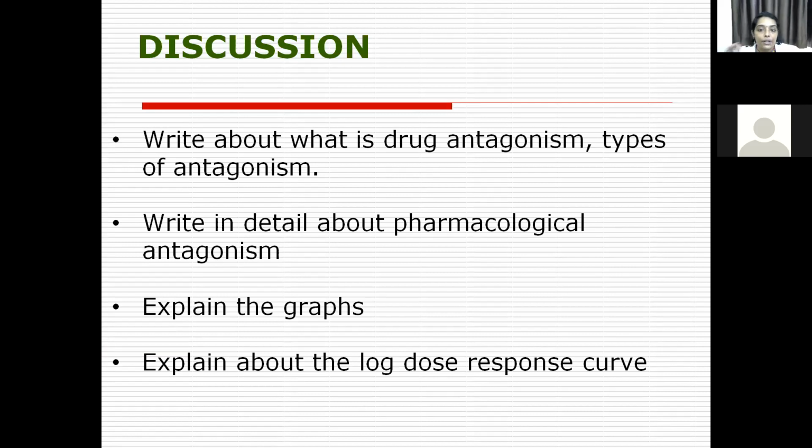Write the graphs, the types of pharmacological antagonism, draw the log dose curves for that and explain them. Then explain the graphs you have drawn after the observation table, and explain the log dose response curve. It is nothing difficult. Videos are being uploaded, so go through the previous video and this video and write the discussion part.